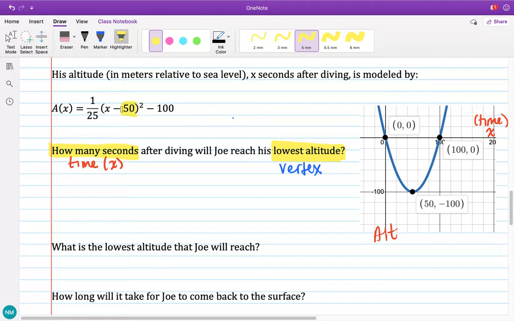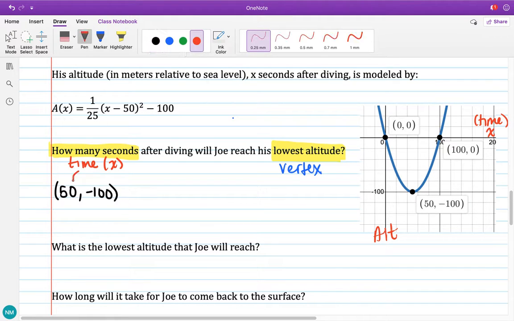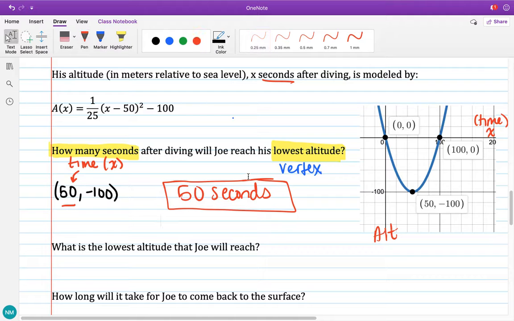Because it's in vertex form, 50 and negative 100. So we already know our vertex is (50, -100). So the time is 50. What is it in seconds? Yep, 50 seconds. It takes him 50 seconds to reach his minimum point.